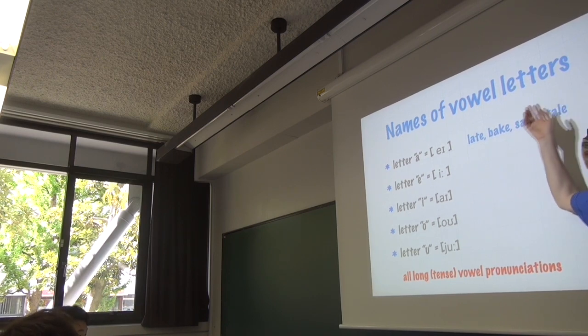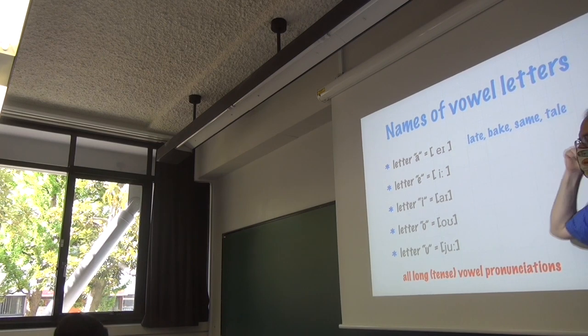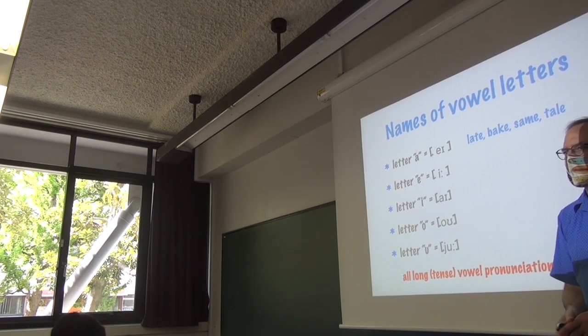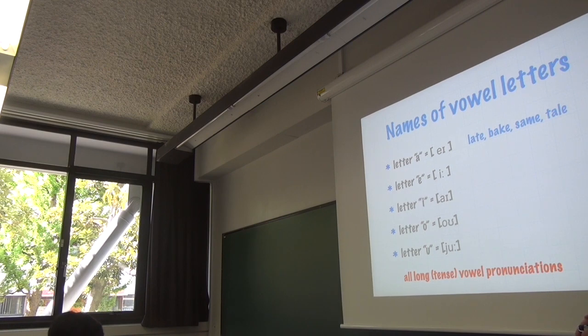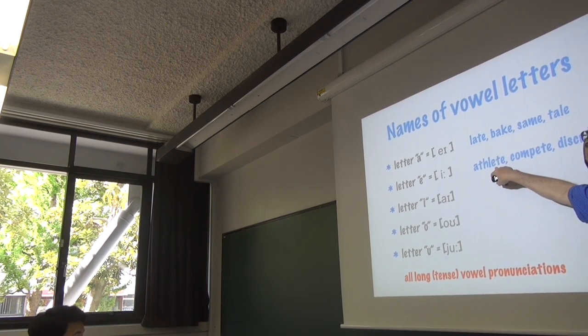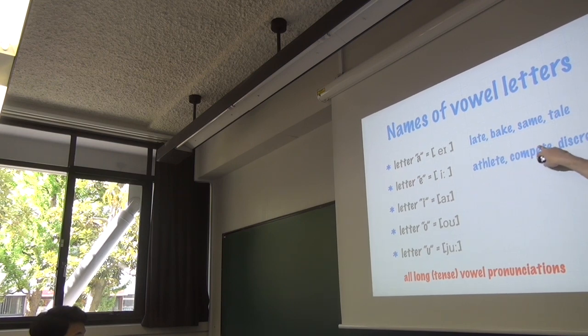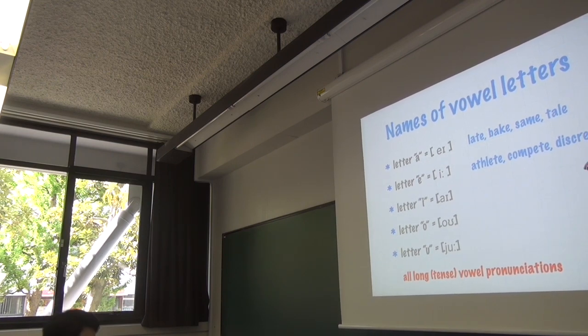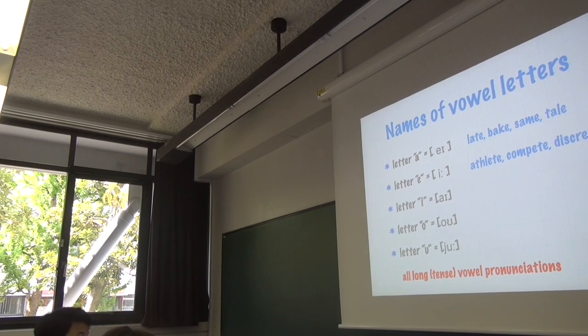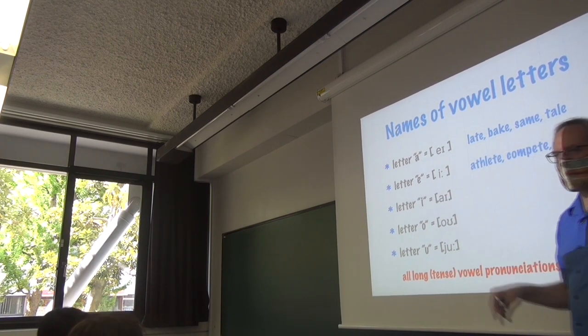And there are many more where the vowel is pronounced A. The letter E, again, if the word ends in a silent E, like athlete, this E is E. Compete, discreet. The silent E signals that the vowel before is pronounced as a long tense vowel, the same as the name of the letter.